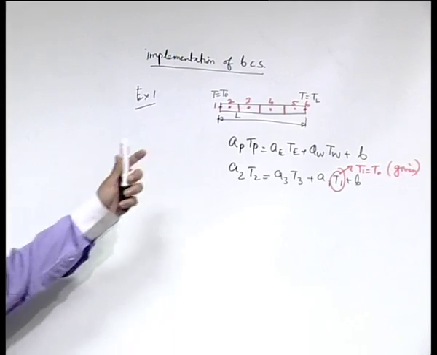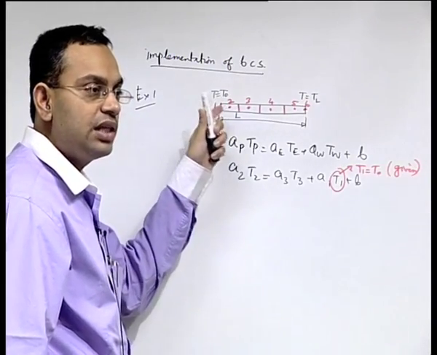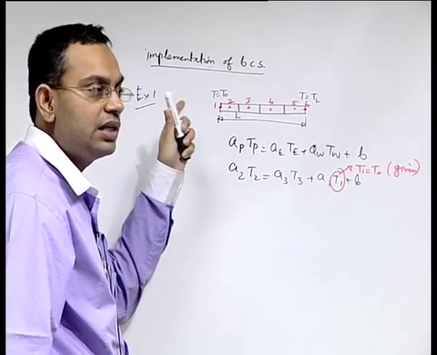So, that is the implementation of the boundary condition when you consider the grid point 2 for the discretization equation.